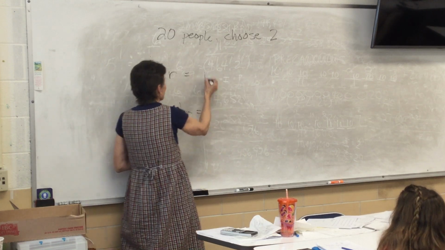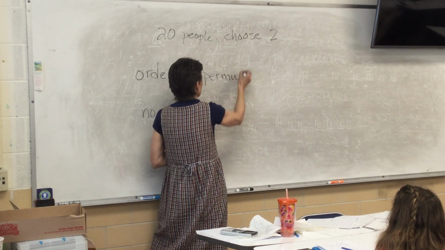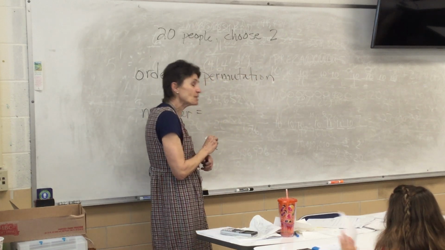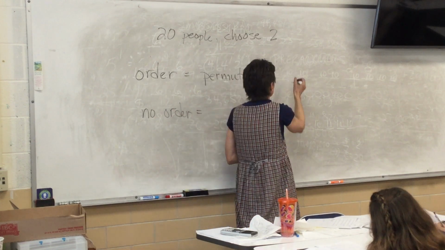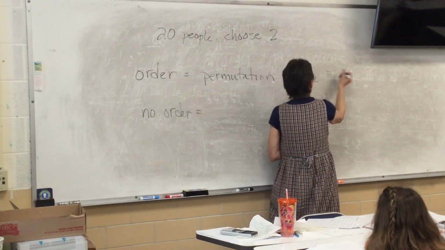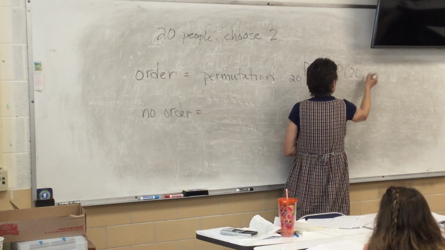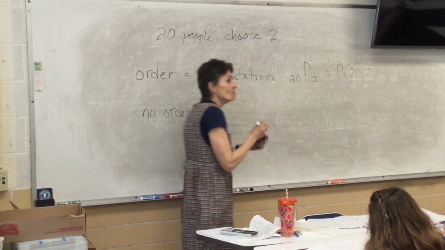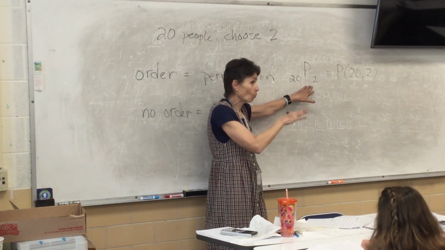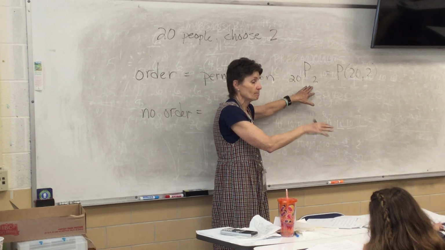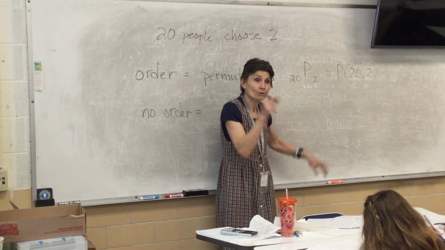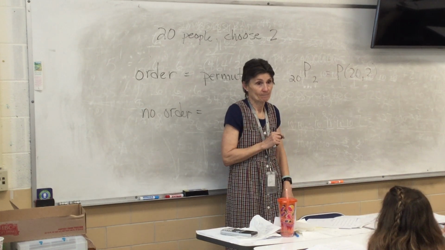If order matters, it's what we call a permutation. And the notation we would use in this problem is 20P2, or sometimes it's written like this. That means, when I see this, I know I've got 20 objects, people, whatever. I'm picking two of them, and the order I pick them matters.